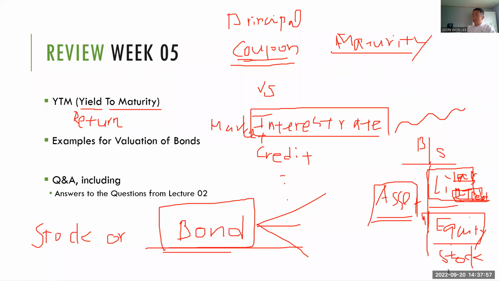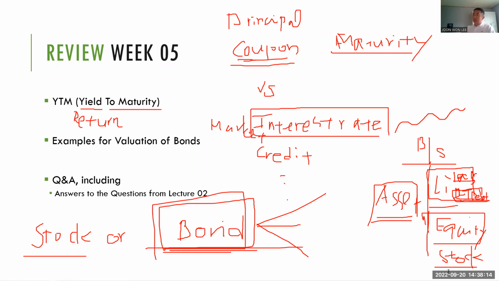So there are two ways of financing assets: one is bonds, and the other is stock. Today we are supposed to talk about stock, but last week we talked about bonds.